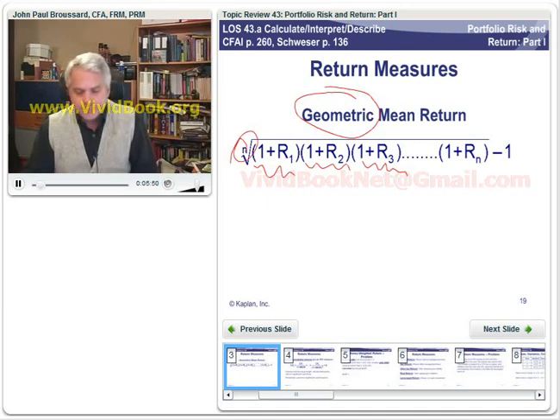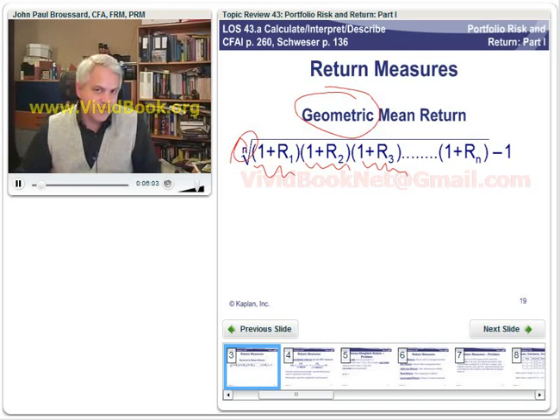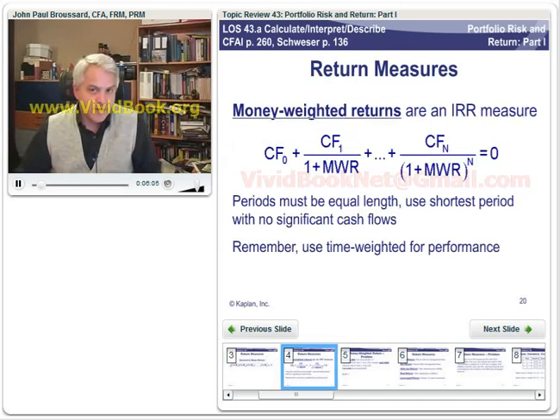So when we're talking about geometric returns, they differ from arithmetic returns in that it's a product and then you take a root, whereas an arithmetic return is just a summation and you divide by however many observations you have. Pretty straightforward kind of concept, which is fine in getting us to understand some generalities about return measures.